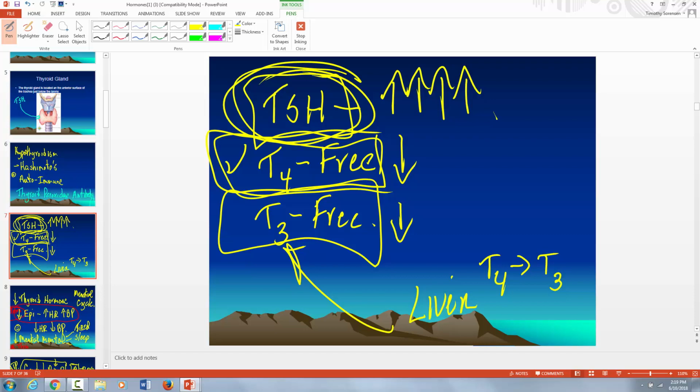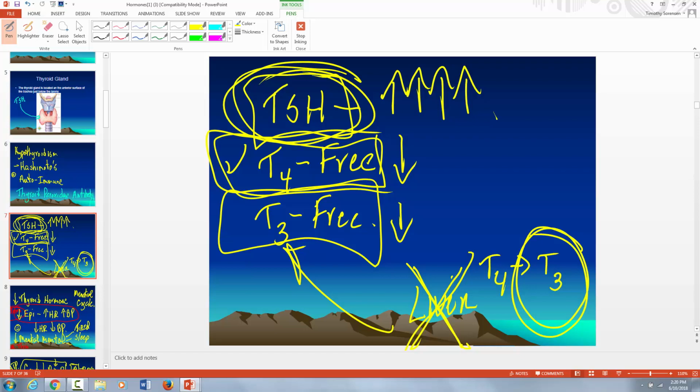So if the liver fails, then T4 will be produced by the thyroid gland, but the liver will not be able to produce T3, which is the most metabolically active form of thyroid hormone. That's why people with liver disease can develop hypothyroidism. Do you see that?